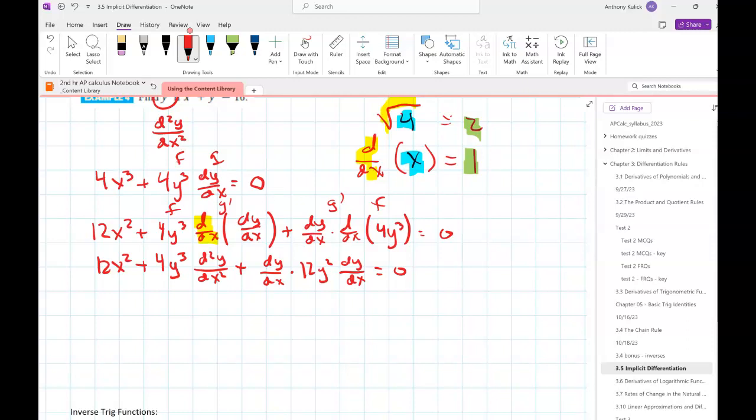Let's go and get the d squared y dx squared by itself. So far, so good.